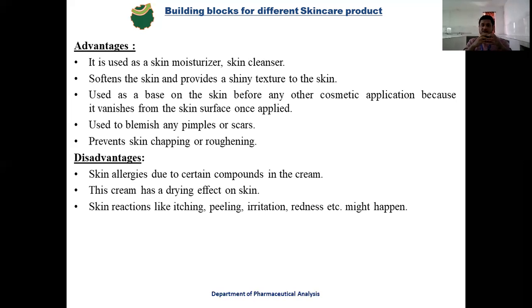That can cause some skin allergies to a particular person, but not for all, only for persons who have an allergy problem with that certain compound. Another one is that this cream has a drying effect on the skin. After applying, you know the water will get evaporated, so there is some chance that it has a drying effect on the skin.